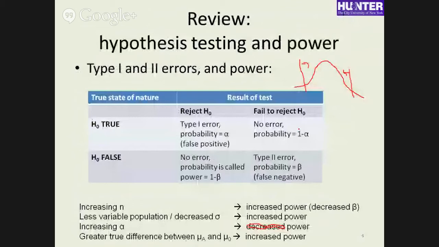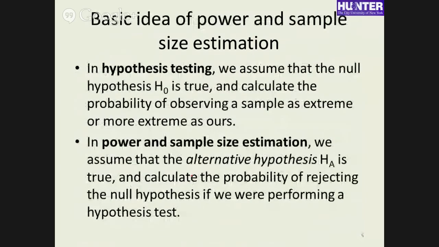So it goes back to this table: we start with the assumption that the alternative hypothesis is true, or H0 is false. Then we calculate the probability of rejecting H0 if we go ahead and do the hypothesis test. So that's a pretty radical difference, eh? Yeah. So let's see what that looks like.